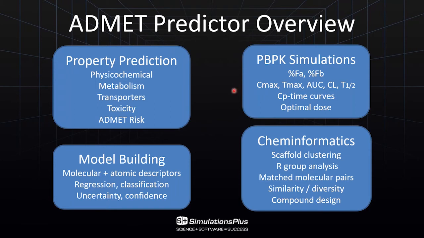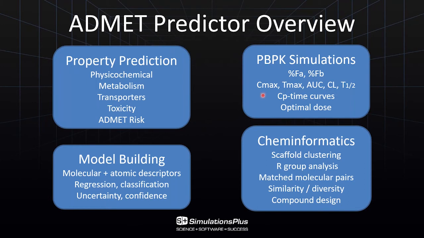The high throughput pharmacokinetics module provides mechanistic simulations in virtual human or rat species. These are similar to the simulations from our company's well-known GastroPlus software. This allows estimation of fraction absorbed and bioavailable and a number of important pharmacokinetic parameters.